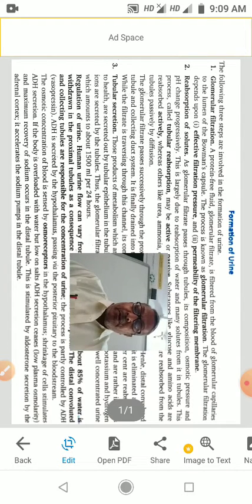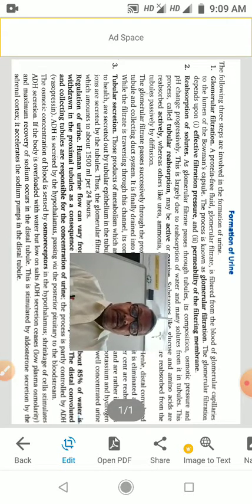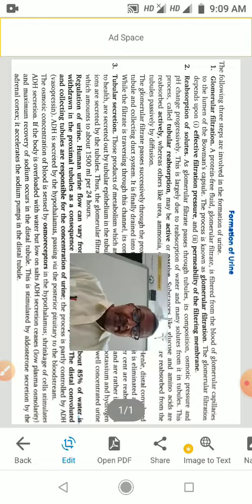These metabolic products are not required by the body, so they are secreted out by tubular epithelium into the tubular filtrate. So this is called tubular secretion.